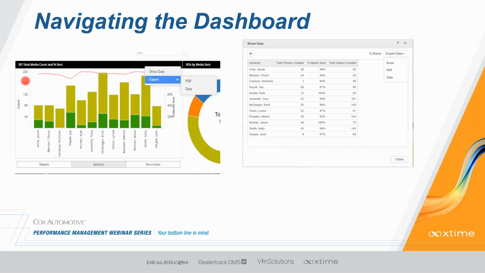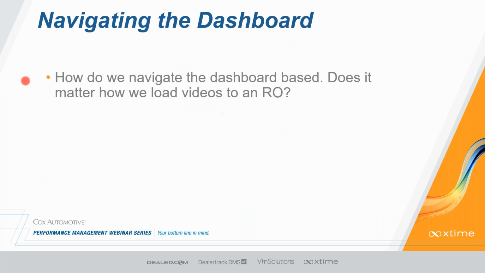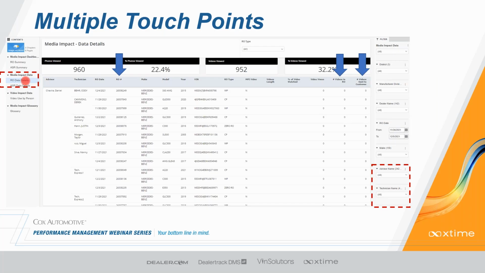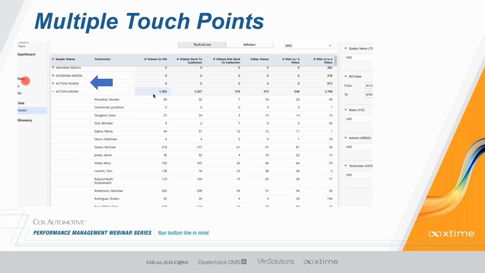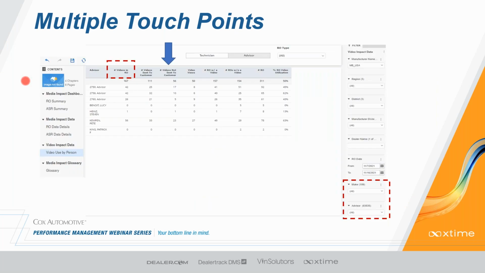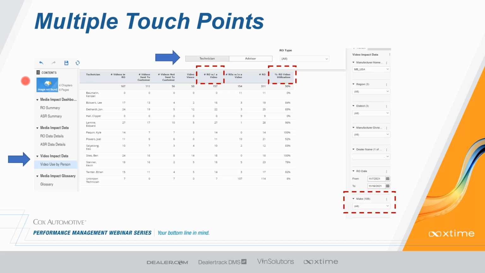Great question. I think that's essentially what we solved within these new touch points of the new report. When we talk about utilization from a technician standpoint, we are talking about utilization specific to video creation. This column shows percentage RO video utilization, and this location is at 50%.